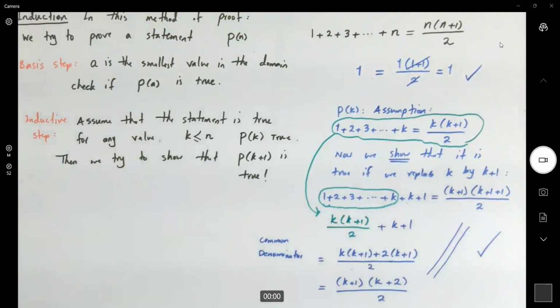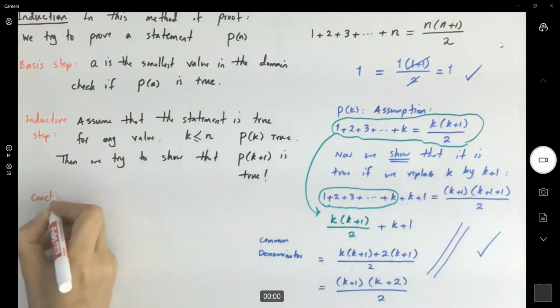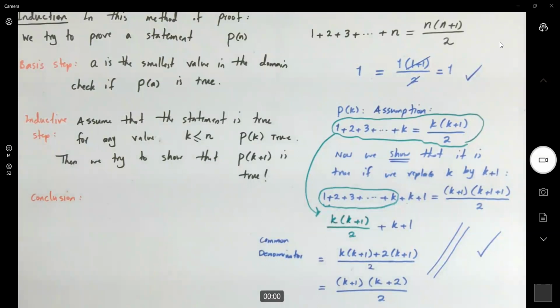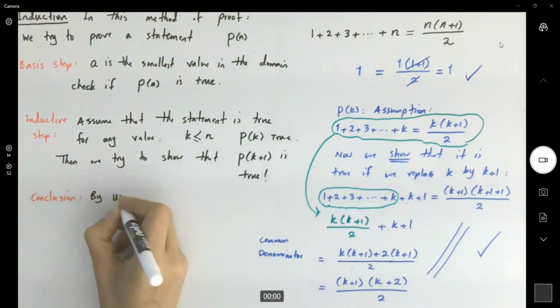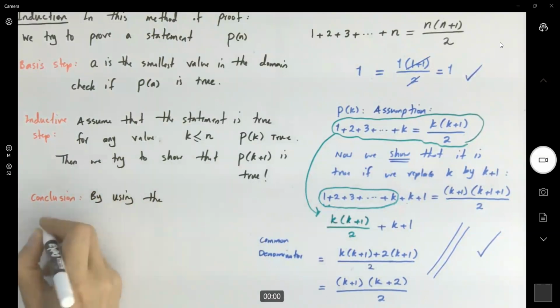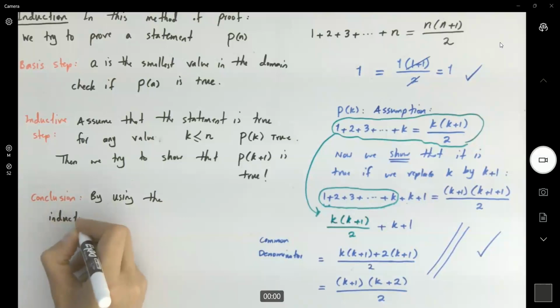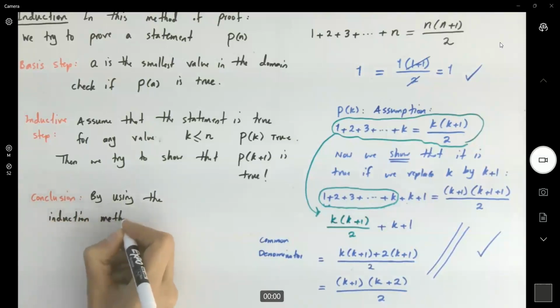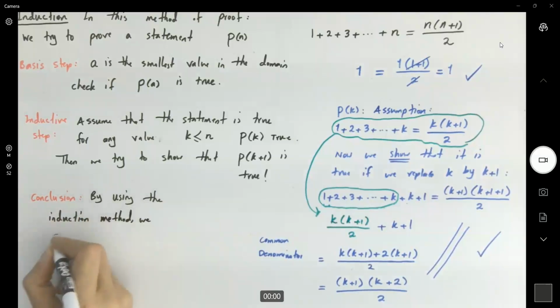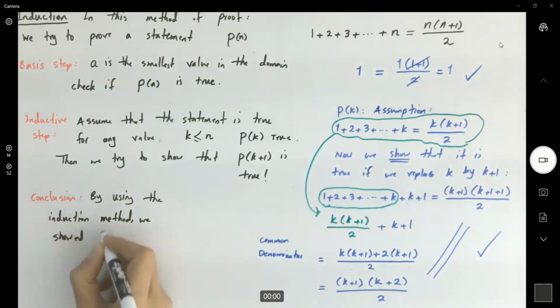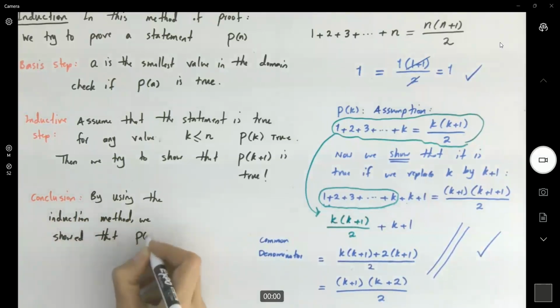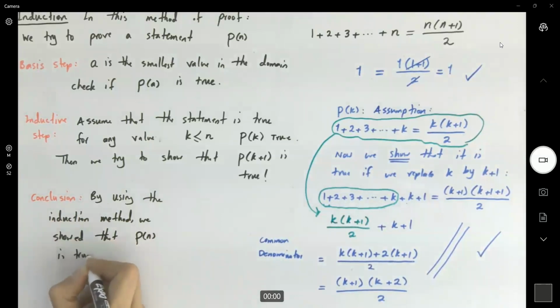So what's the conclusion? The conclusion is, by using the induction method, we showed that P of n is true for any n.